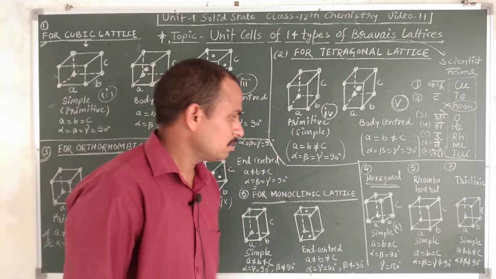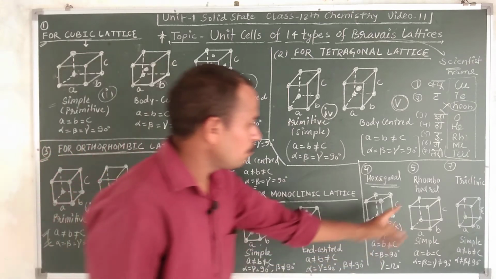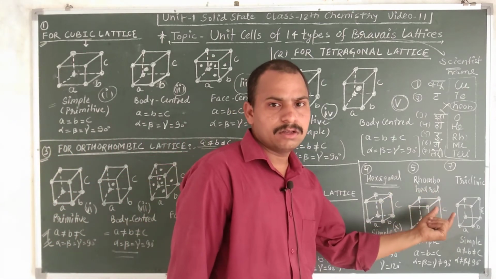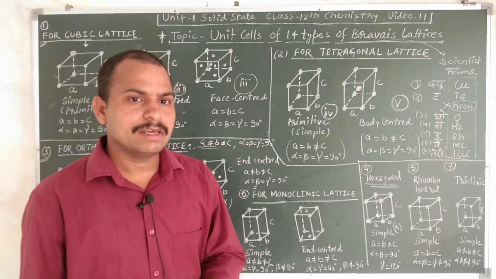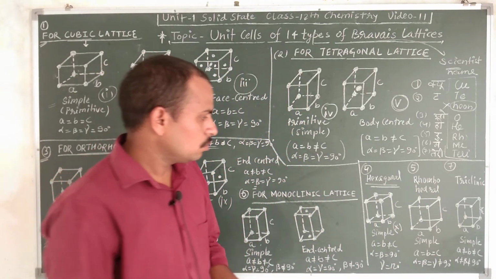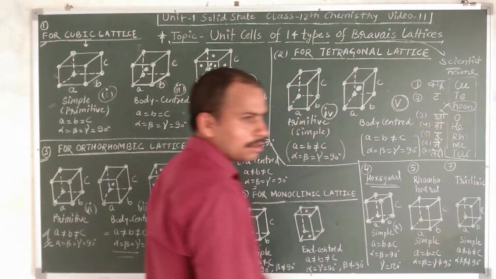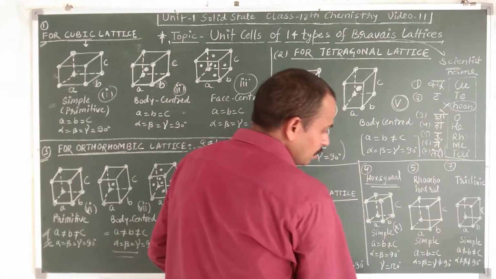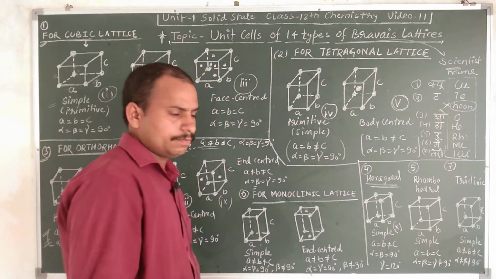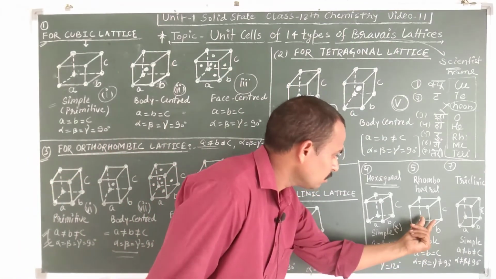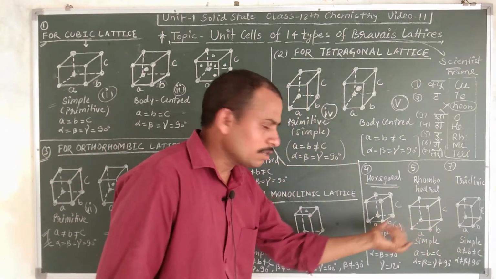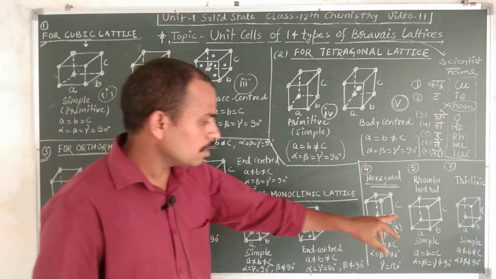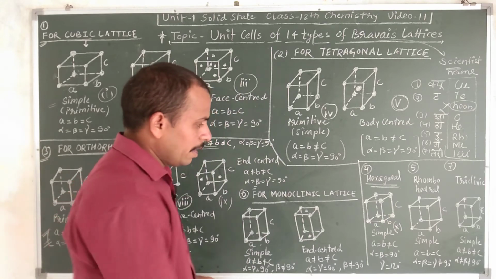Now we move to the 5th crystal lattice, rhombohedral. Rhombohedral has one variation, that is the simple unit cell, because all crystal particles are present only at the corners of the unit cell.